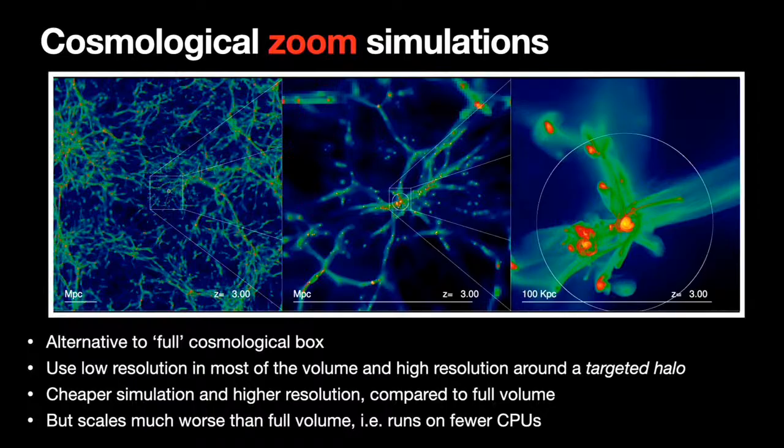You have it there for the large-scale gravitational effects, but you're not doing any analysis of anything which is outside this zoom region in your simulation. And then you can afford to have a very high resolution in your galaxy, and you can start to resolve the ISM and the feedback and the star formation which is going on in that galaxy. But at the cost of statistics: instead of tens of thousands of galaxies, you have one.